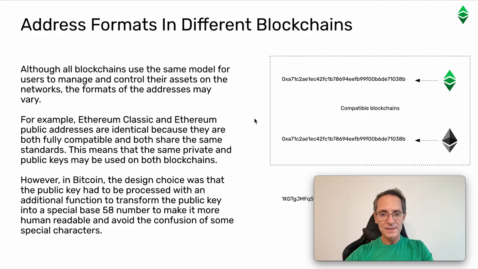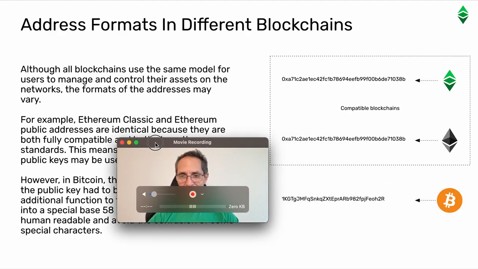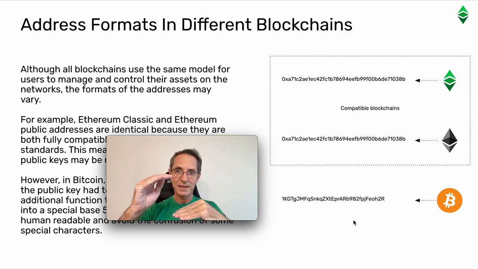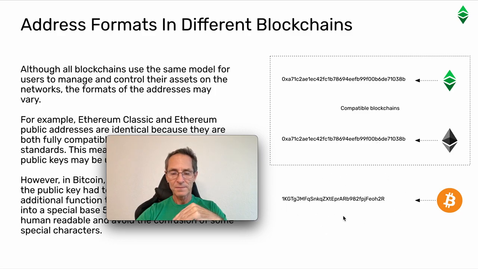However, in Bitcoin, the design choice was that the public key had to be processed with an additional function to transform the public key into a special base 58 number to make it more human readable and avoid the confusion of some special characters. So in Bitcoin, this same address looks like this. It's just because they have the private key, they generate the public key, and then they use another function just to transform it into this format. It's the same number as this one, but transformed into this format.